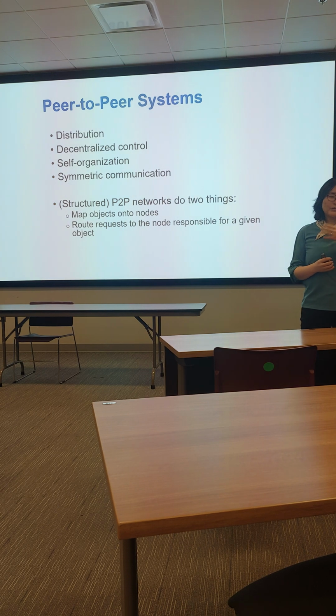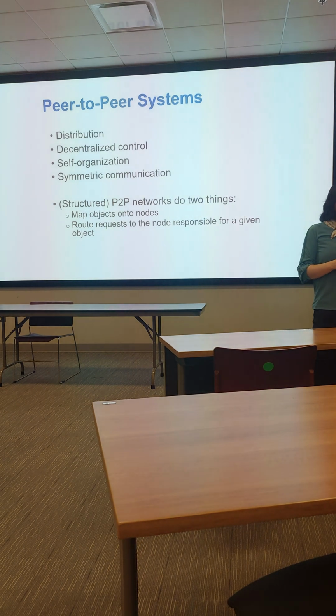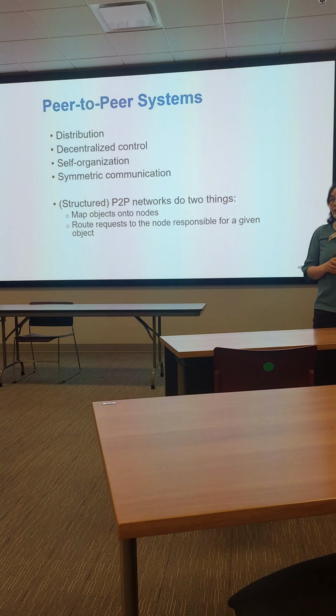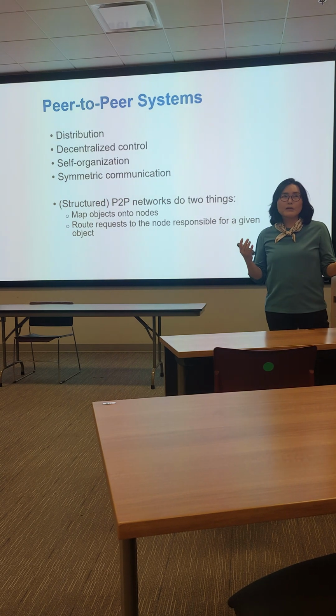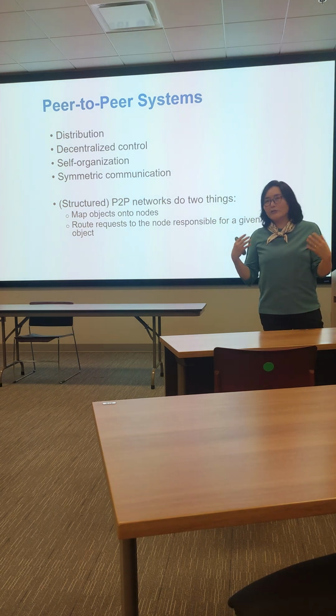Symmetric communication is actually relatively simple. In socket level programming, you have both the server side and client side of the code. That's what it means. And servers can be churning. They can go in and out anytime.